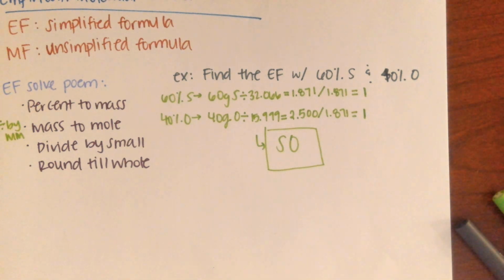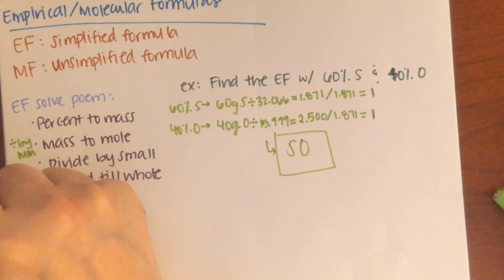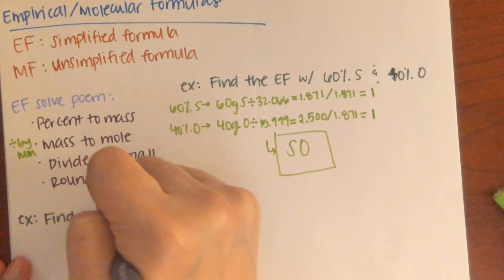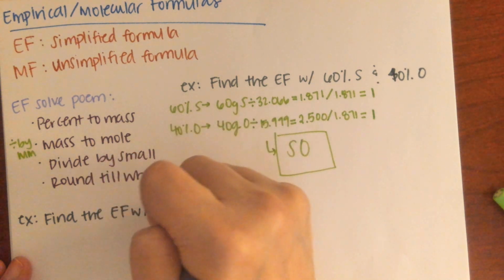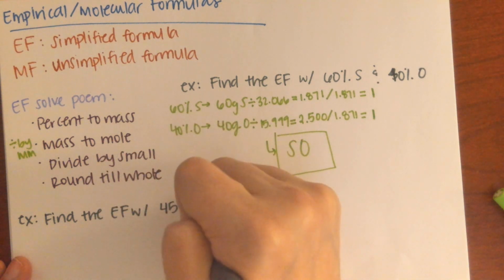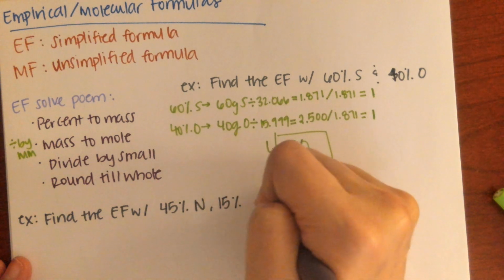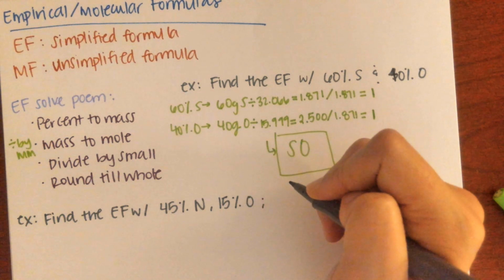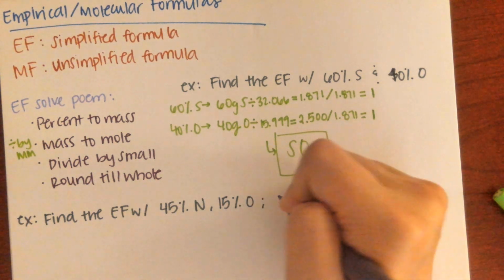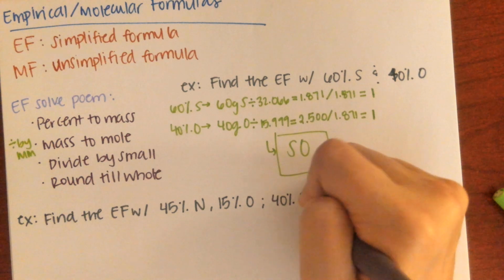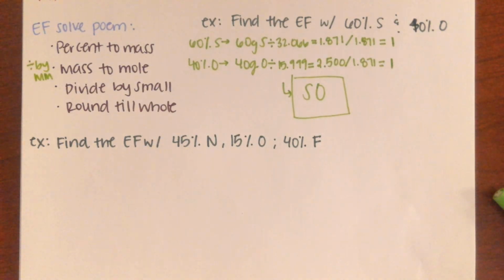Let me give you another one, and you're going to try this by yourself. All right, find the empirical formula with 45% nitrogen, 15% oxygen, 40% fluorine.